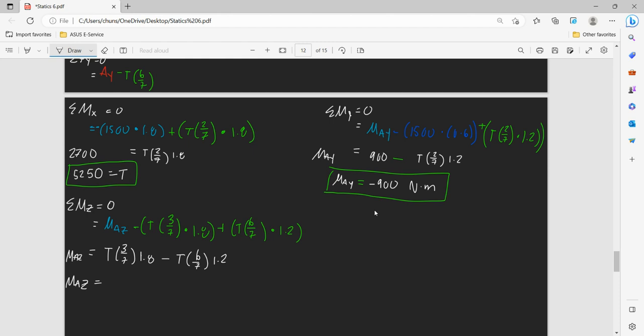And this is minus 5,250 times 6 over 7 times 1.2. And this is negative 1,350 Newton meters.